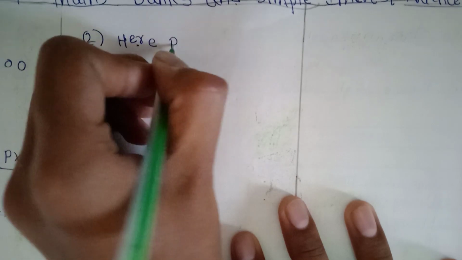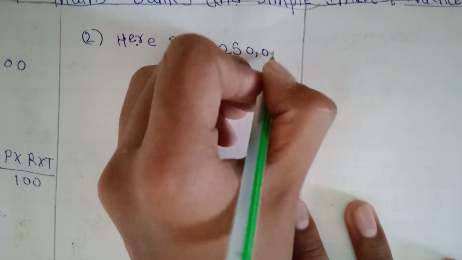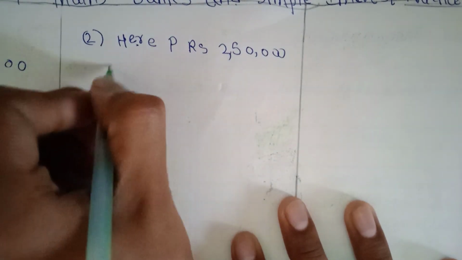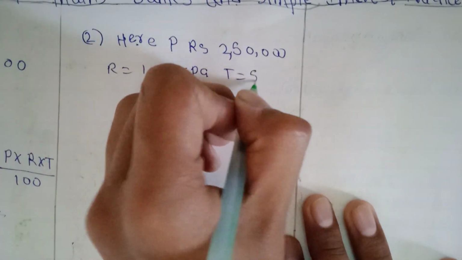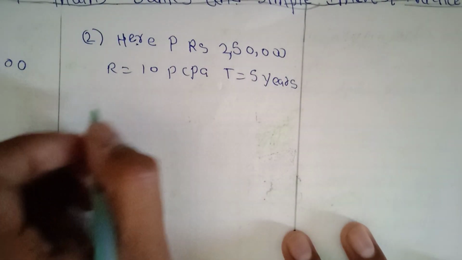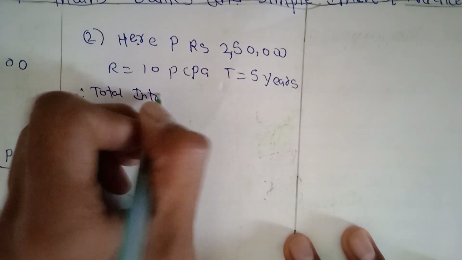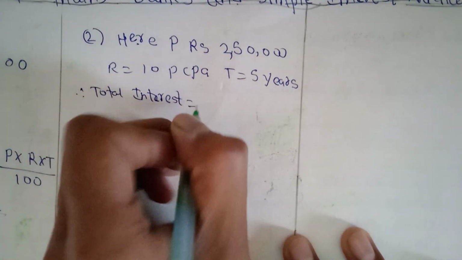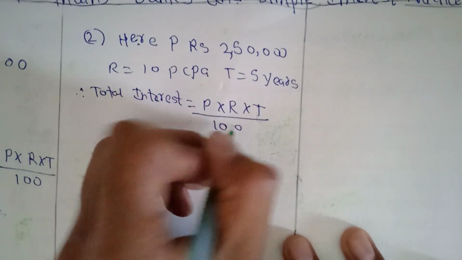Here P is rupees 2,50,000. Okay. R is equal to 10 PCPA and T is equal to 5 years. So we will use this formula only: total interest is equal to P into R into T upon 100.